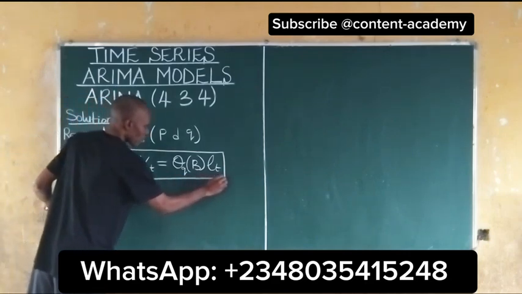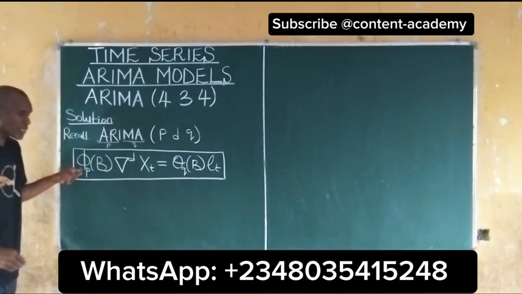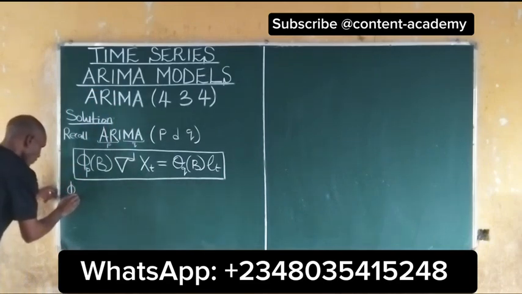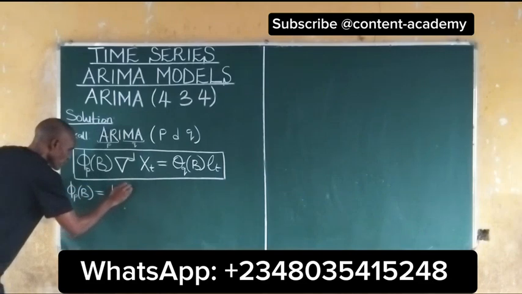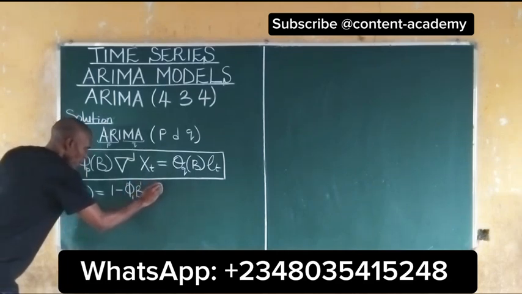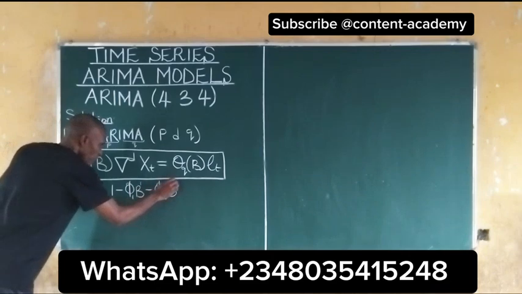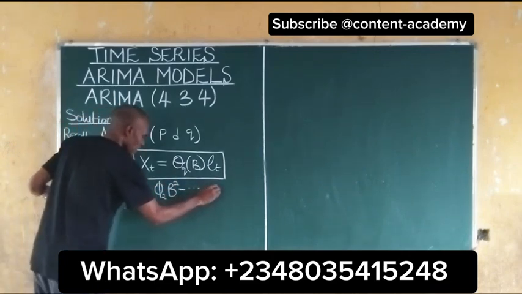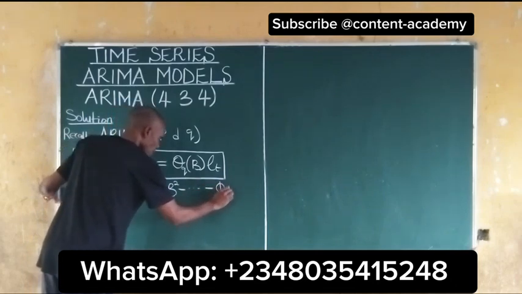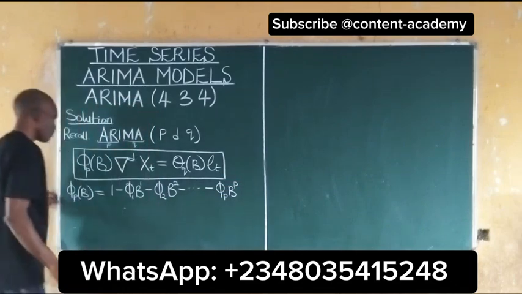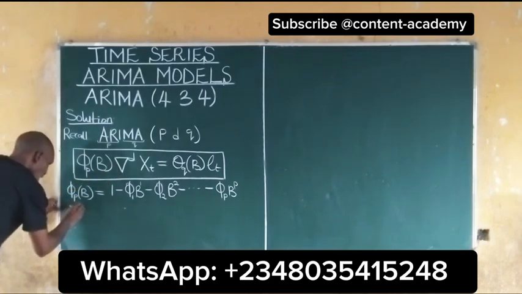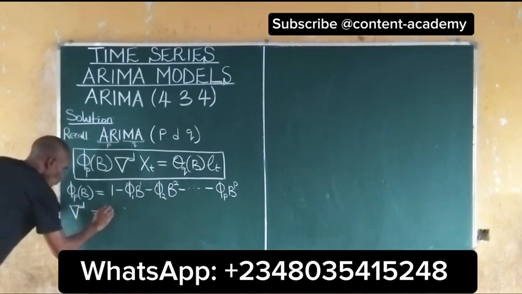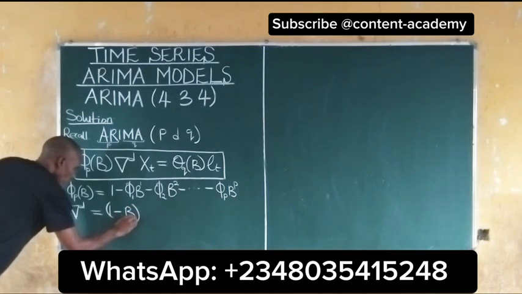And we have from our model that phi(B), that means this part, is computed as 1 minus phi 1 B raised to the power of 1 minus phi 2 B raised to the power of 2 minus, it continues like that, then phi p B raised to the power of p. Also, for our difference, we have the difference to be equal to 1 minus B raised to the power of d.